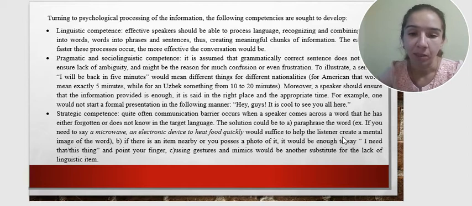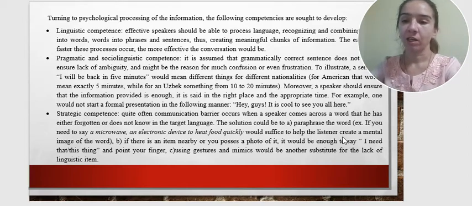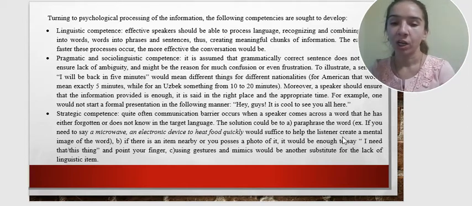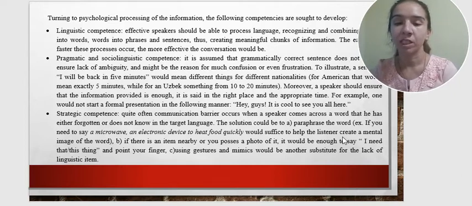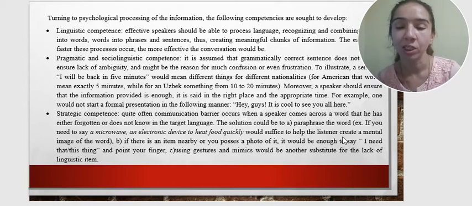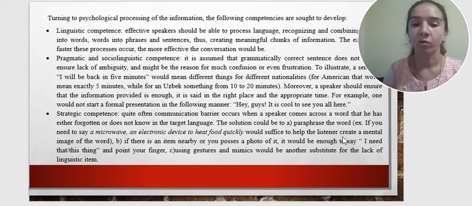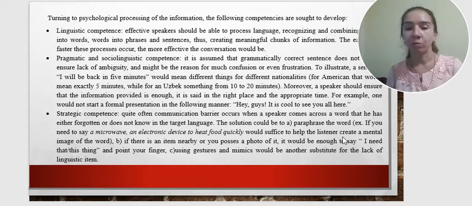Then strategic competence. This means there are some situations when you have to clarify yourself, and some words skip your mind. You could forget some words or simply not know those words in the target language. And this means you should use other ways of introducing that information.